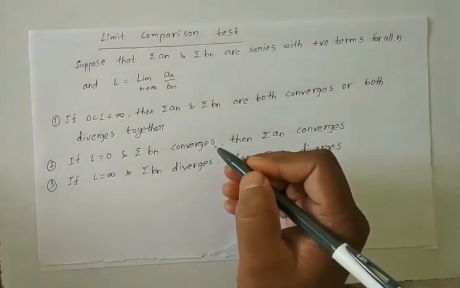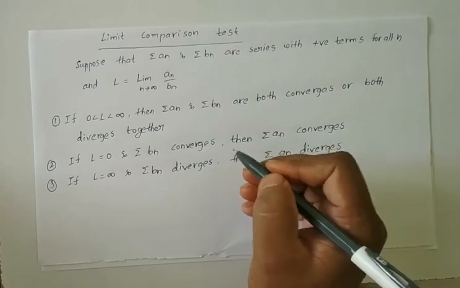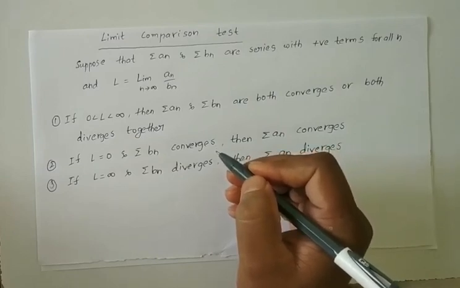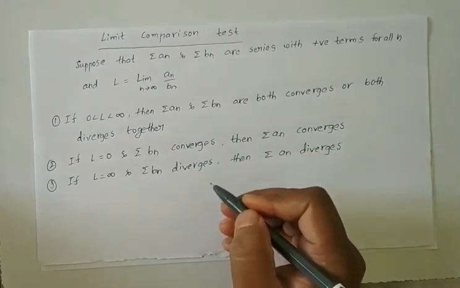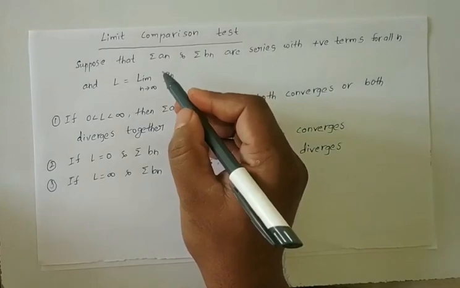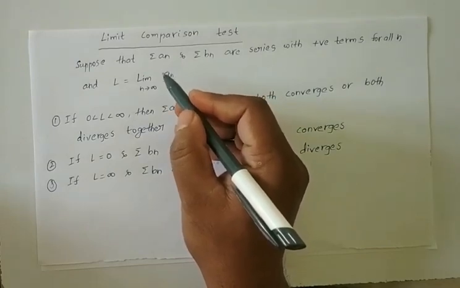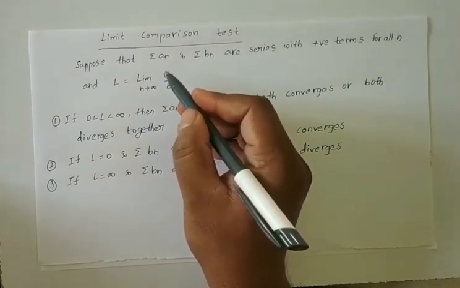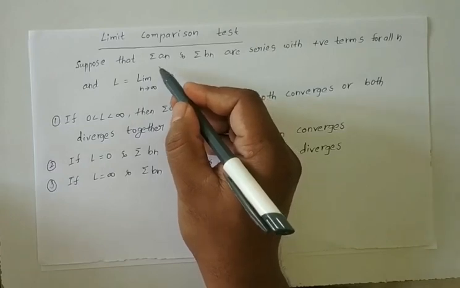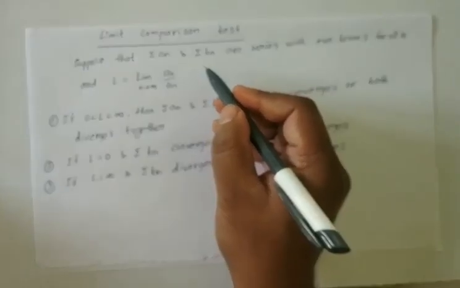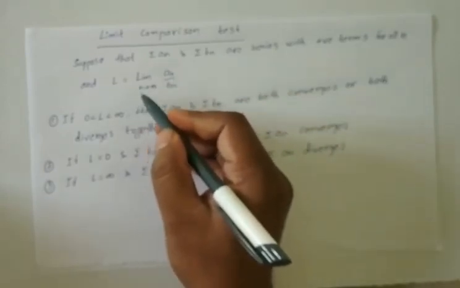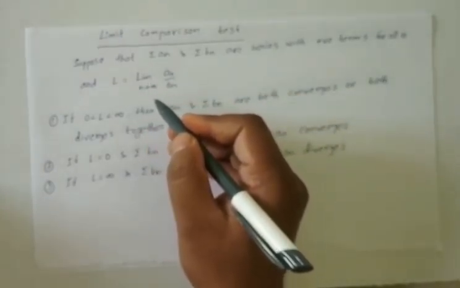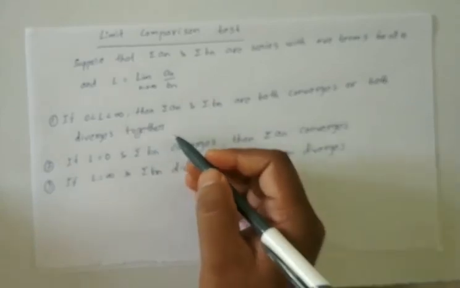Okay, so now I will explain this statement. Listen carefully. First of all, suppose we have two positive series, summation an and summation bn, and also we have L is equal to limit n tends to infinity an by bn.